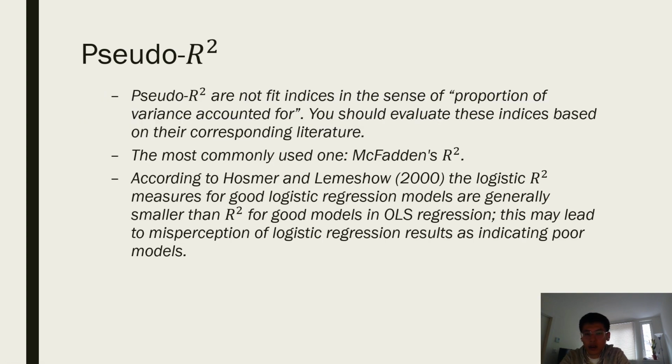The second one is pseudo R square. Why is it called pseudo R square? It is because there's no such fit index to describe the proportion of variance accounted for, because our variance is either 0 or 1, right? So our variance is kind of weird here, and there's no such sense here.